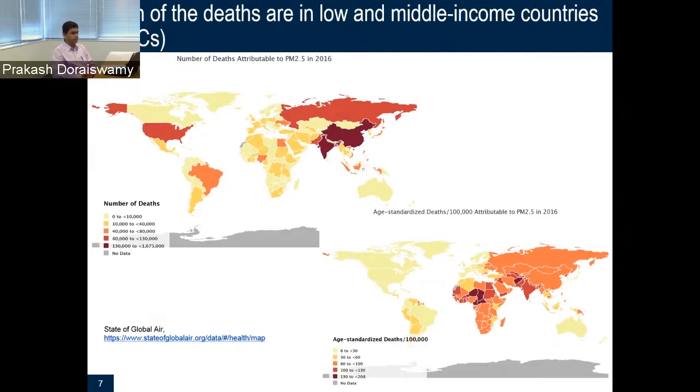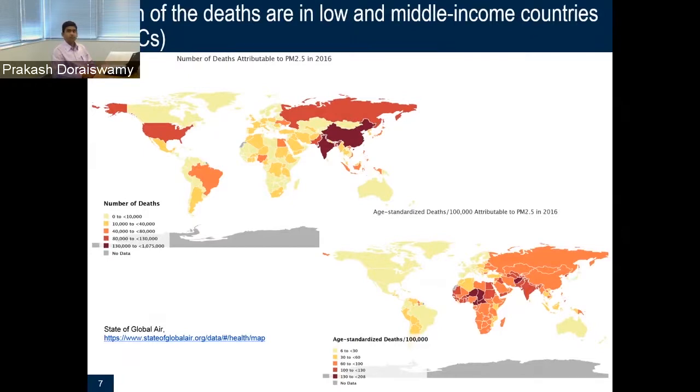So once we normalize it, it is obvious that much of these deaths occur in low and middle income countries. And in all of my slides, I've indicated where this information is from. So this particular map is from the State of Global Air, which offers a very nice interactive tool to visualize the air quality and health impacts.